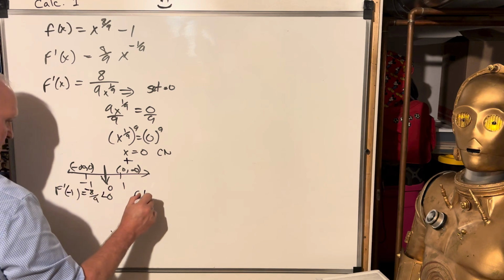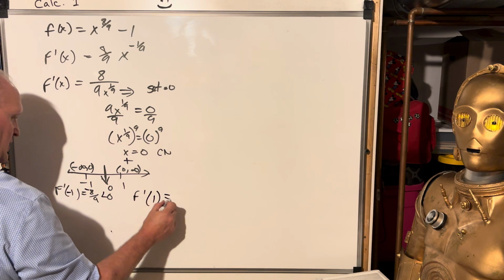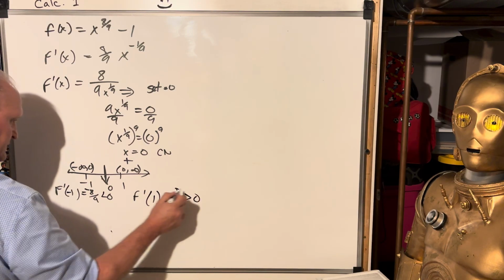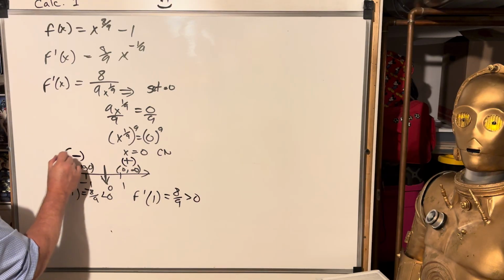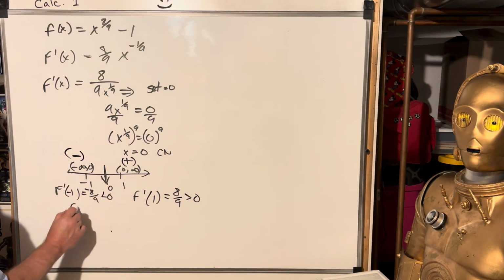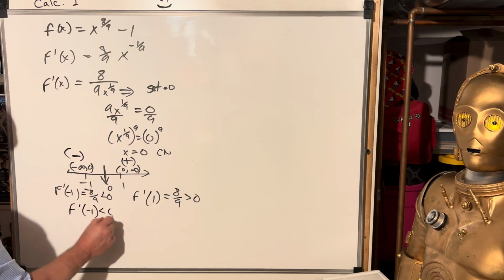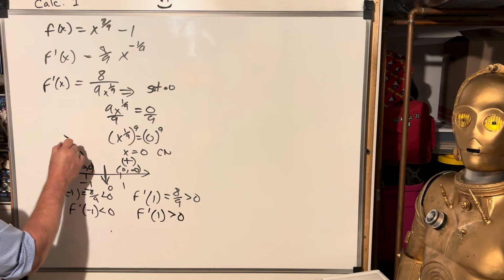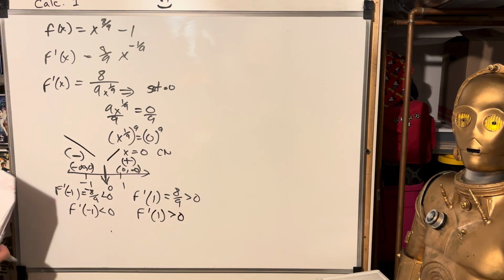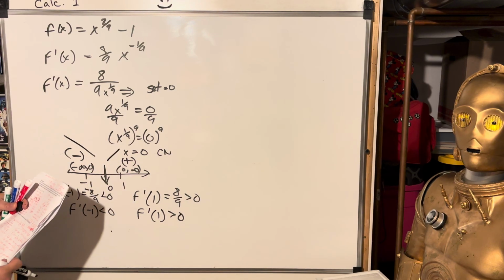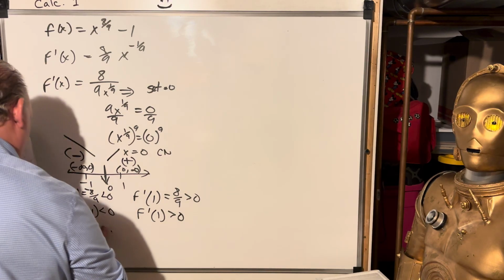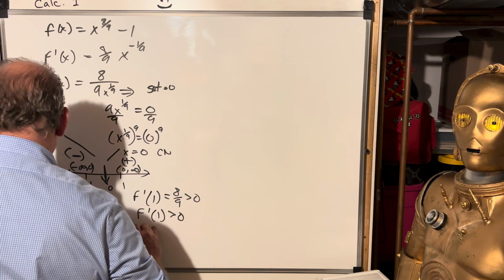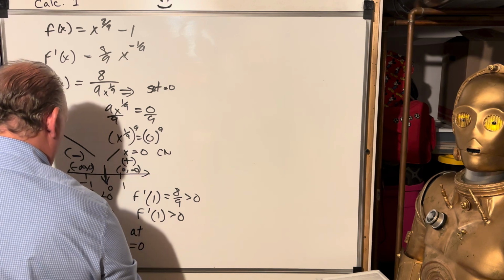That's going to be too confusing. Okay, so this one's positive, this one's negative. And so decreasing, increasing. So a local min at x equals 0.